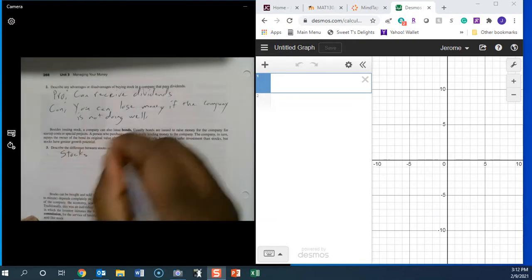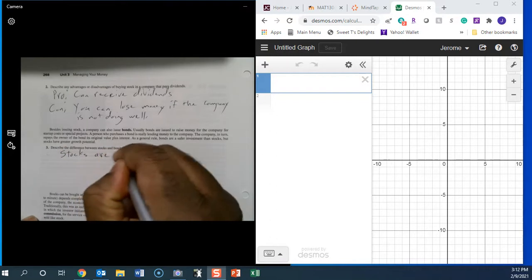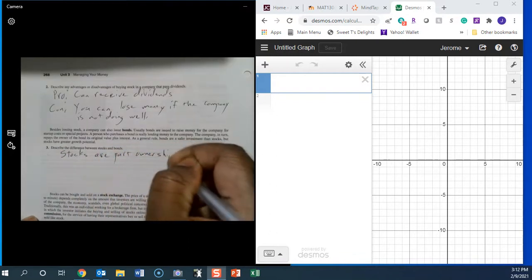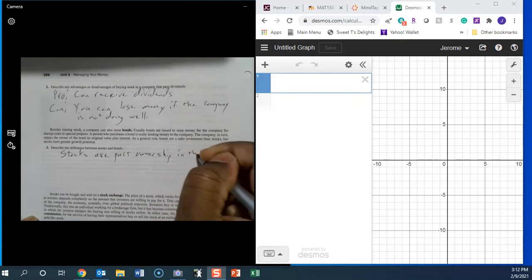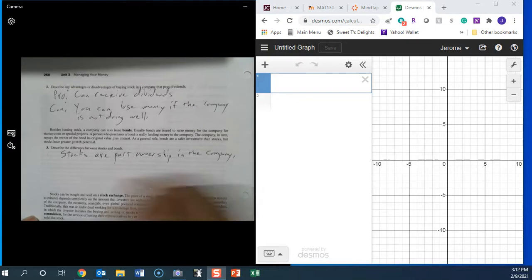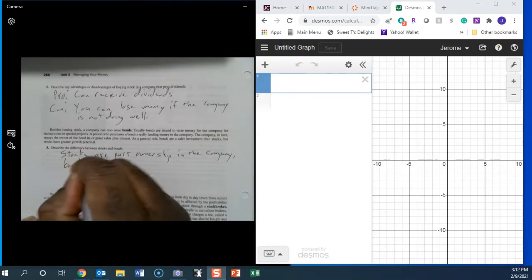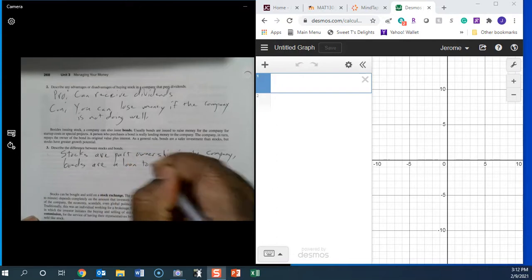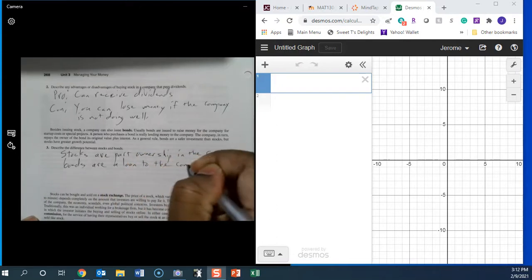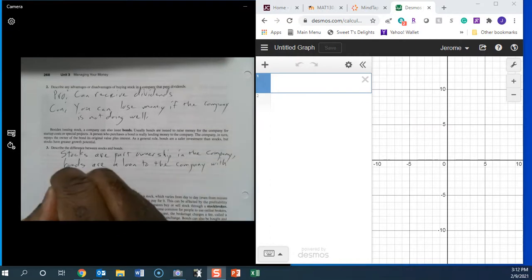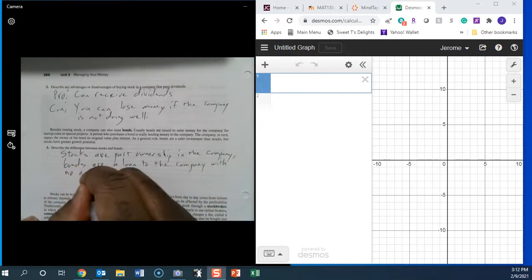Stocks are part ownership in the company. Bonds are a loan to the company with no ownership.